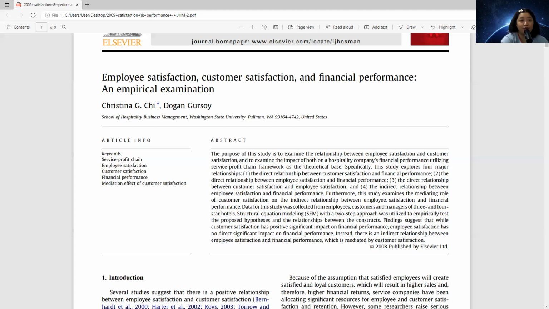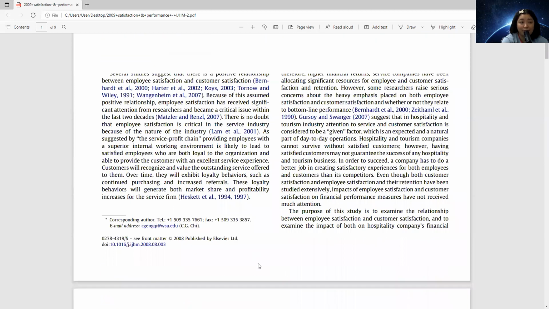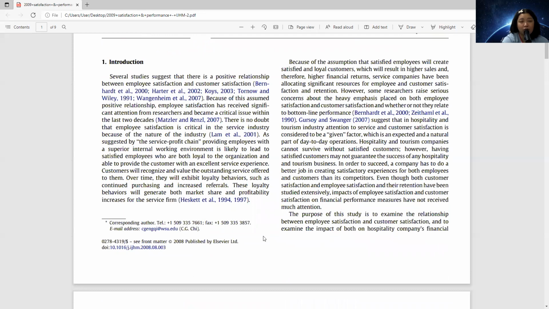Now, if you are unfamiliar with the subject area, then we have to read the introduction section to get a little bit more background on the topic and why they did this study.